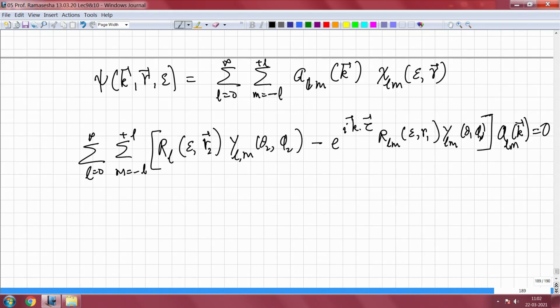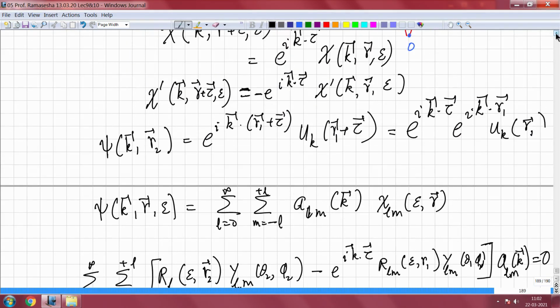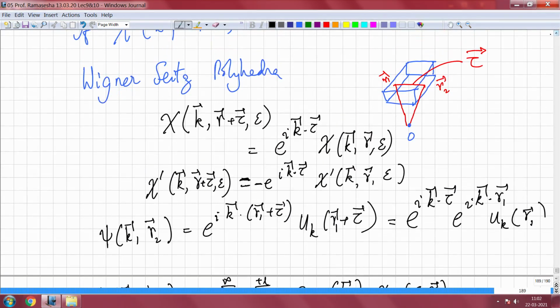So this is the first condition. The second condition is, supposing I am taking the derivative which is perpendicular to the planes on which these vectors R1 and R2 are residing, then this will be nu 2.